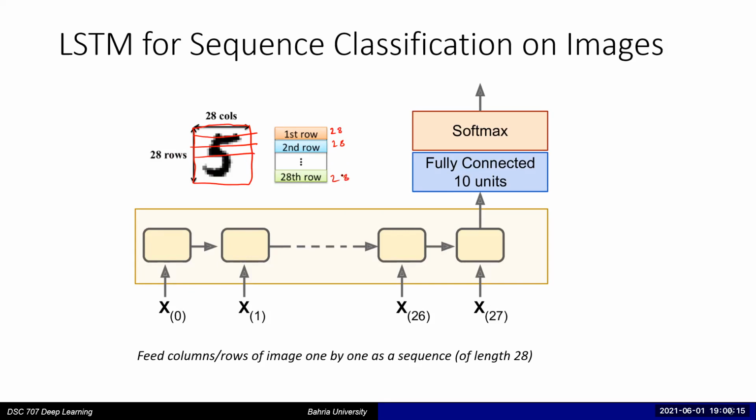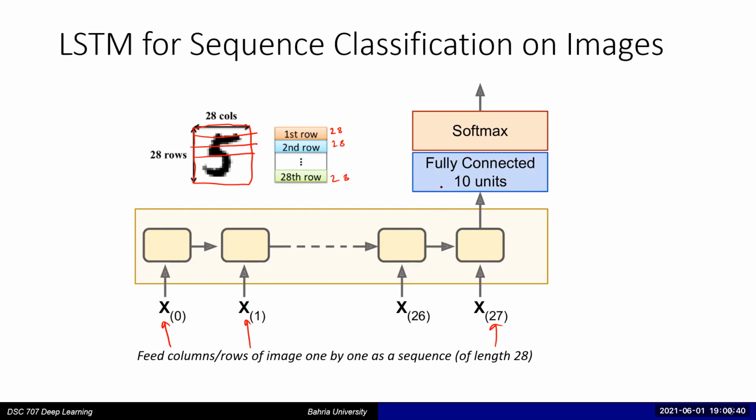Now if I look at this image row-wise, it is actually a sequence of length 28, which we are playing smart and interpreting in that way. So I make an LSTM. I feed the first row here, then the second row, then the third row, and then the last row, just like we feed a sequence of 28 words.